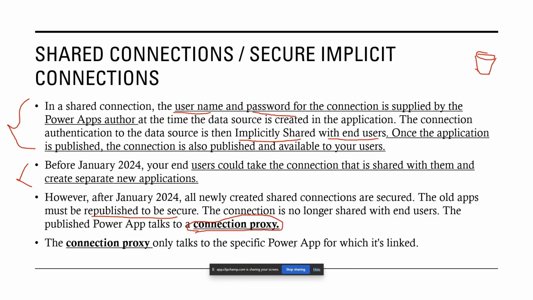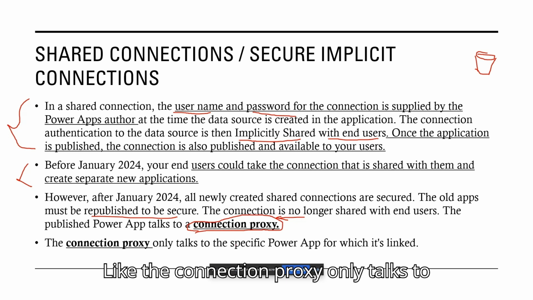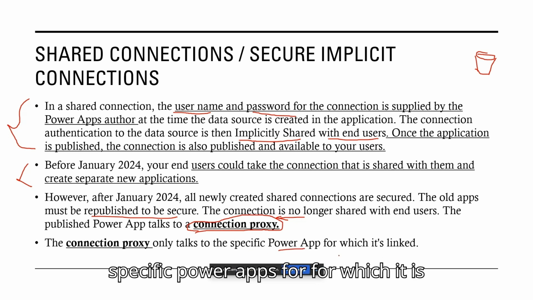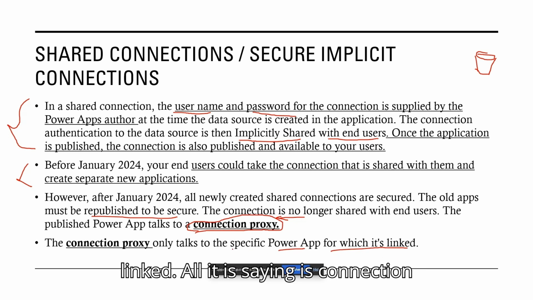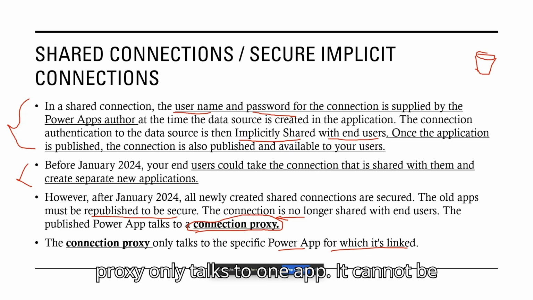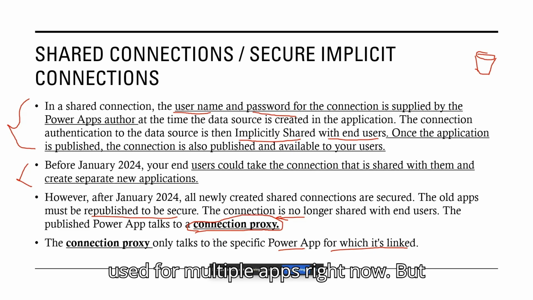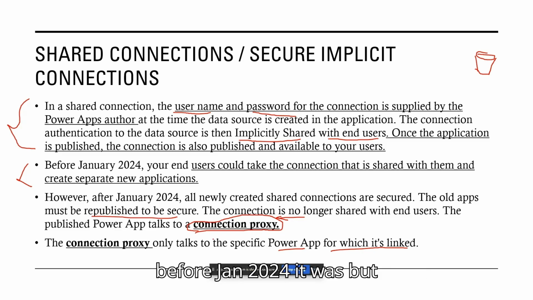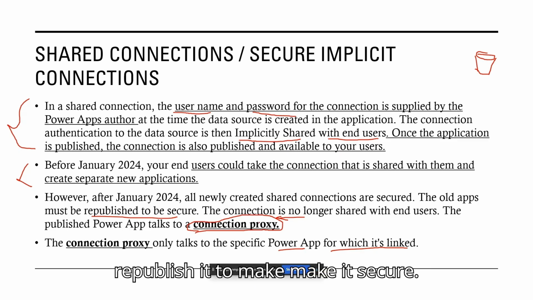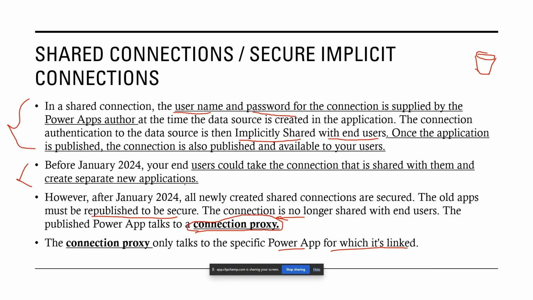Okay, so that is the basic definition of what a proxy is. The connection proxy only talks to the specific Power App to which it is linked. All it's saying is, connection proxy only talks to one app. It cannot be used for multiple apps right now. But before Jan 2024, it could, but things have changed. You just have to republish it to make it secure.